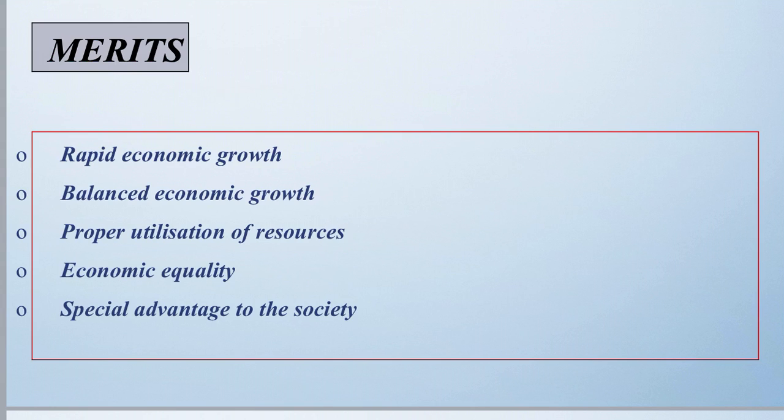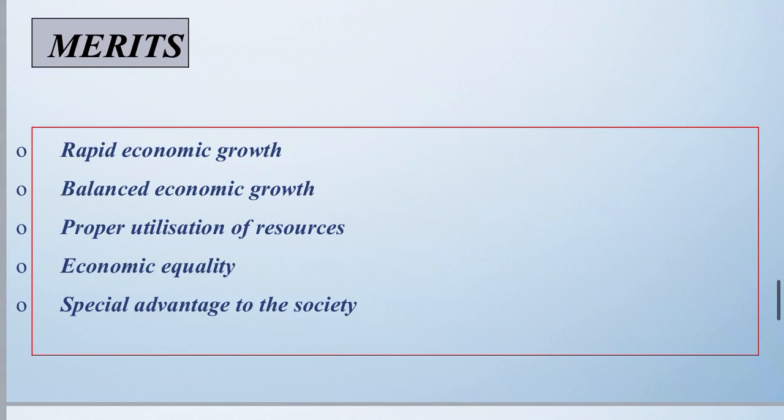So what do you mean by balanced economic growth? It promotes balanced growth between agriculture and industry. All the sectors are evenly growing. There is balance. It is not that only agriculture grew and industries did not grow. All the sectors keep growing in a balanced way, showing growth continuously.